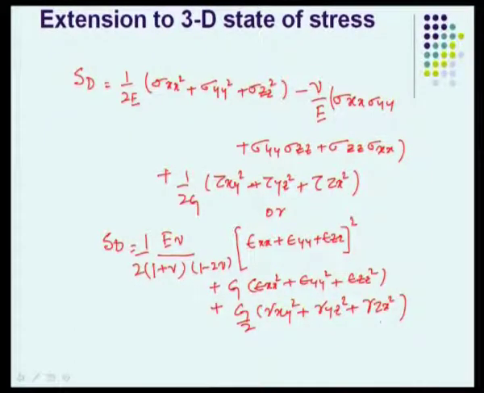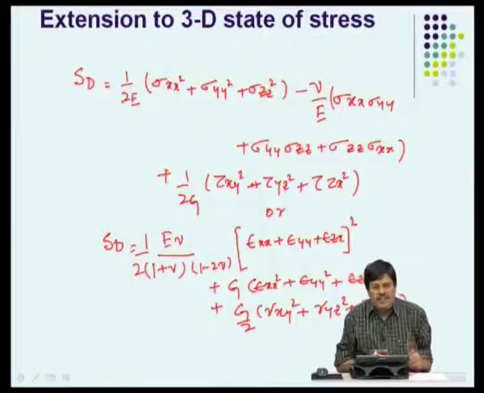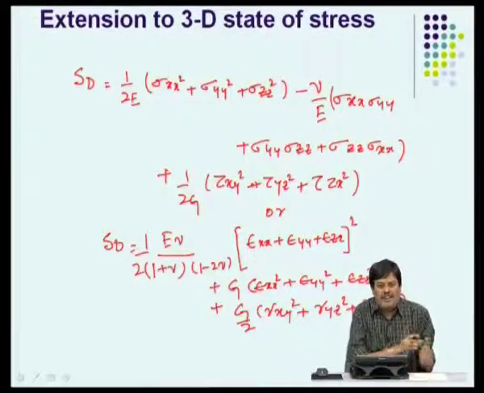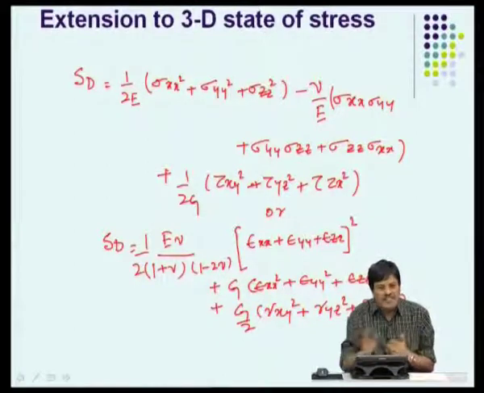So, if you put the expression of the constitutive relation in the strain energy density equation, you can get this. So, you can extend it for that. For the sake of simplicity and understanding, we derived for 1D state of stress and it can be extended.